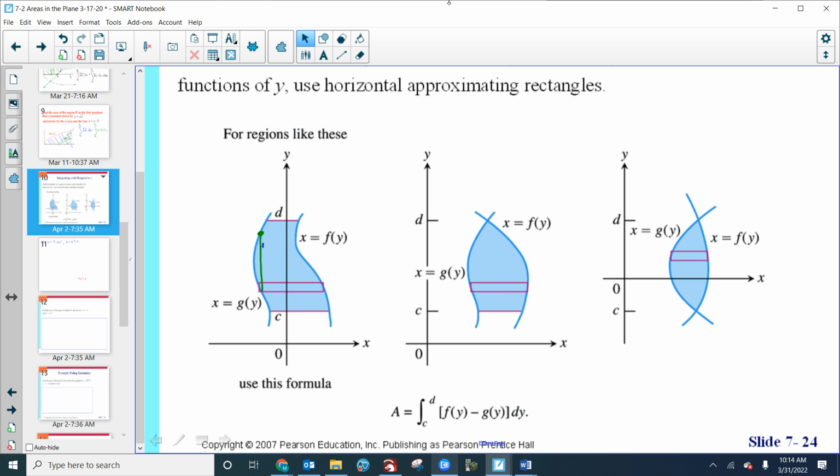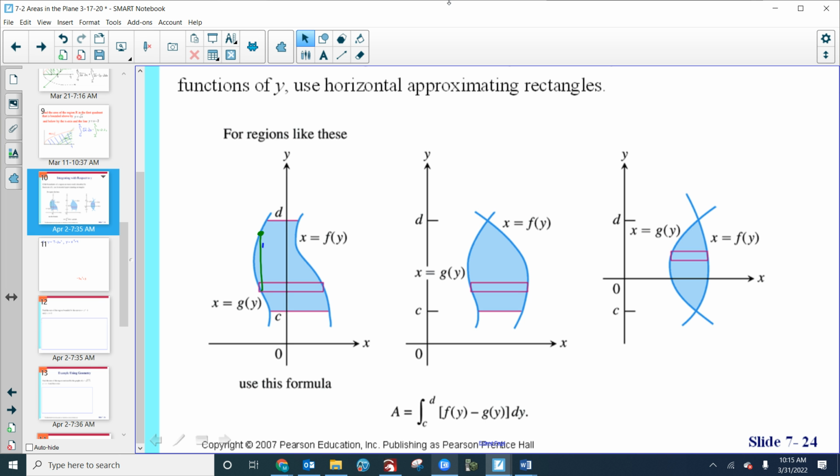The bases are, what would you call the base using calculus terms? What would the base of every rectangle be if you're stacking them from A to B? What's the base of every rectangle? Because delta x going to 0 is literally an x value. What do we call this thing?